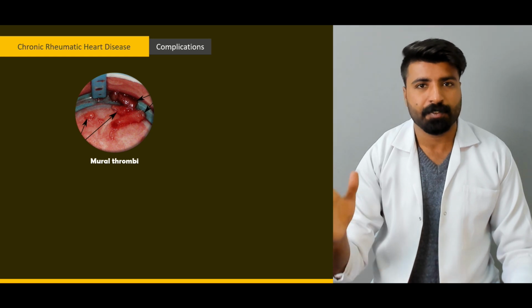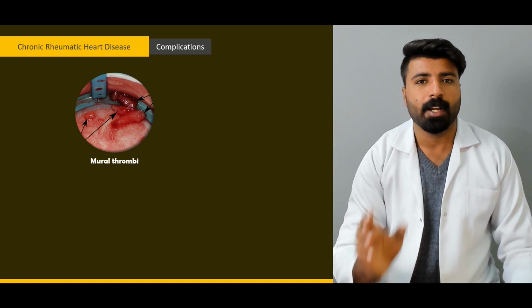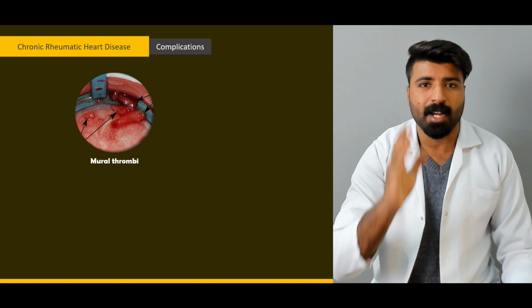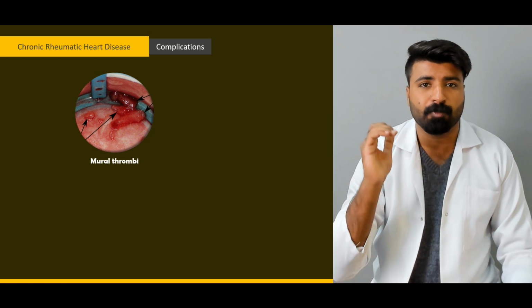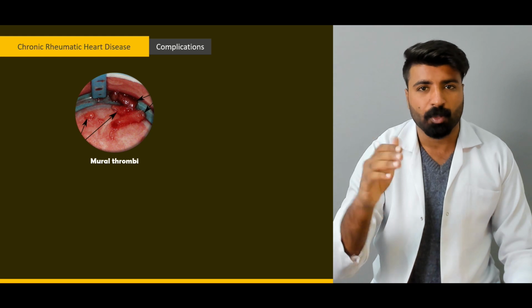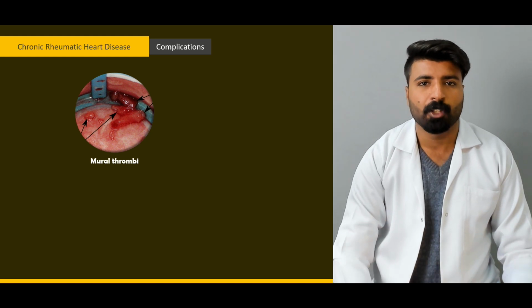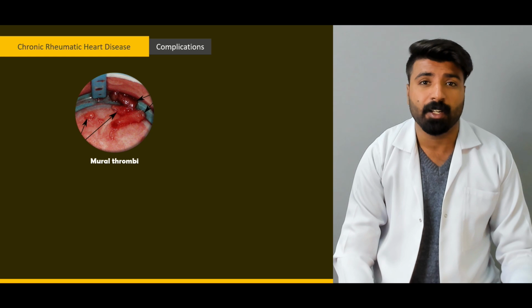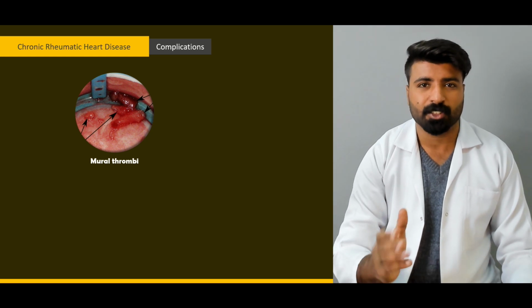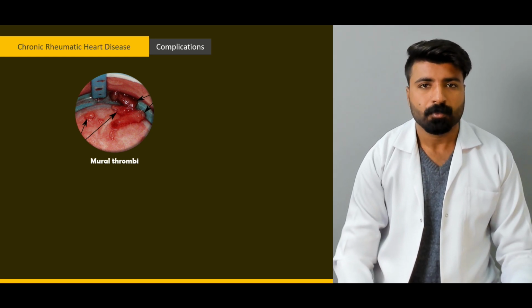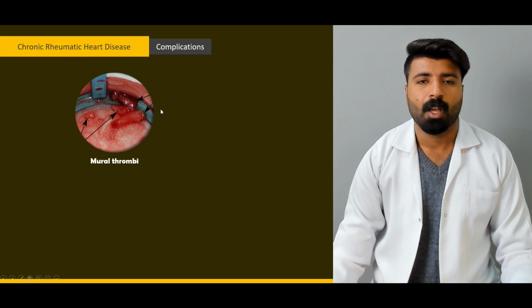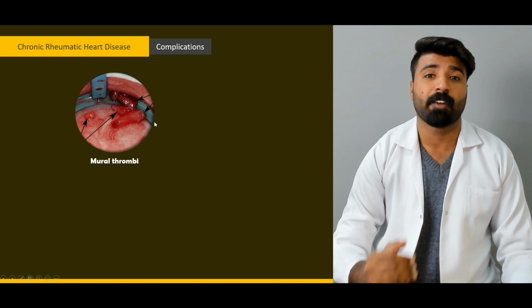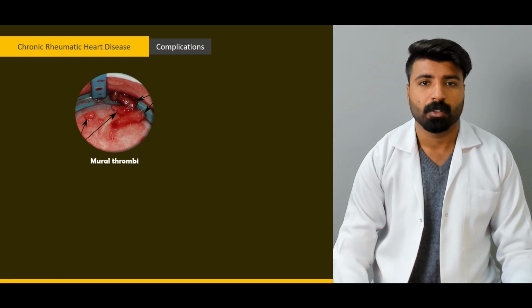Mostly it happens in the left side of the atrium, and in some cases it blocks the mitral valve. It blocks the flow of blood from left atrium to left ventricle. That's what mural thrombi is. It can even lead to very pathological consequences in case of a complete blockage. So, in chronic rheumatic heart disease, mural thrombi can develop, which is attached to the left atrial wall from the inside, and it's blocking the mitral valve opening and not letting the blood go from left atrium to left ventricle.